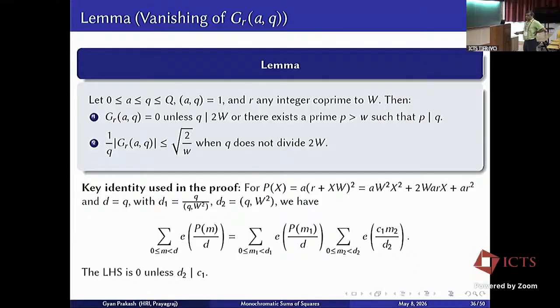This means that the left-hand side vanishes if this particular thing vanishes. And this particular thing vanishes unless D2 divides C1, because this is a sum over all the D2s of exponential of C1 m2 by D1.